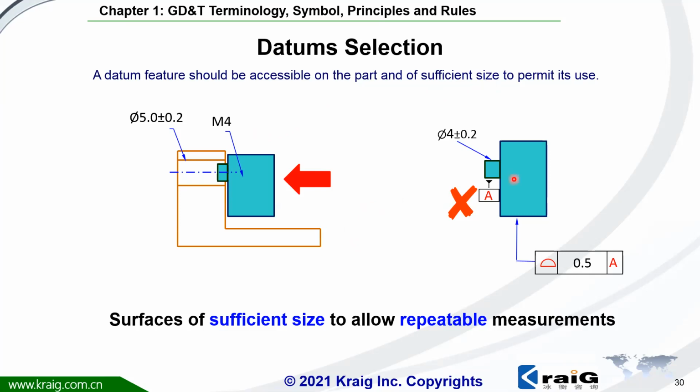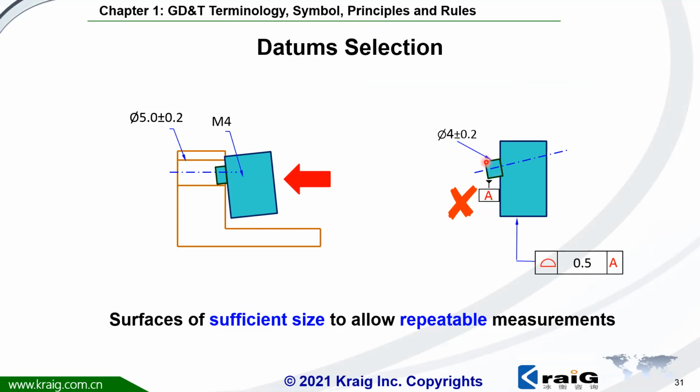If you look at this part, you may notice the length of this pin is a little bit short. The datum A is specified to the pin. Why this is not good enough for us to use this short pin as a datum A, we are going to explain soon.